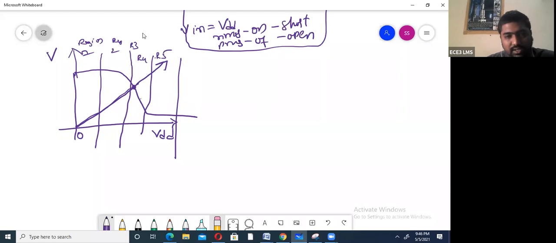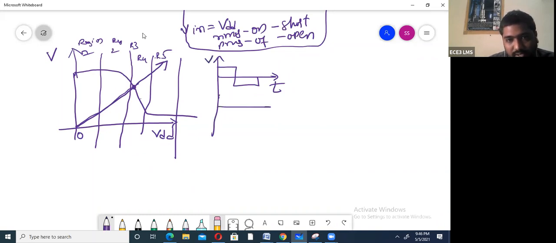In the operation explanation, you have to draw the DC analysis graph and the transient analysis graph. Transient analysis means the x-axis is time, and the y-axis may be output voltage, current or power. I am drawing with respect to voltage, and this is the inverter. This is transient analysis.